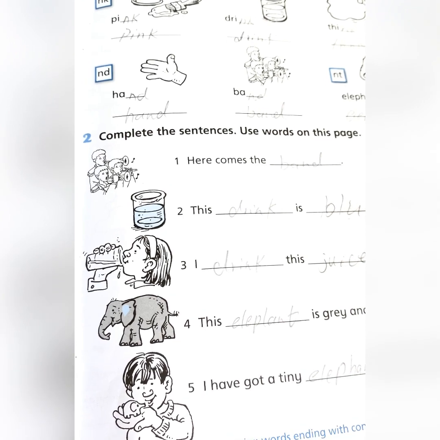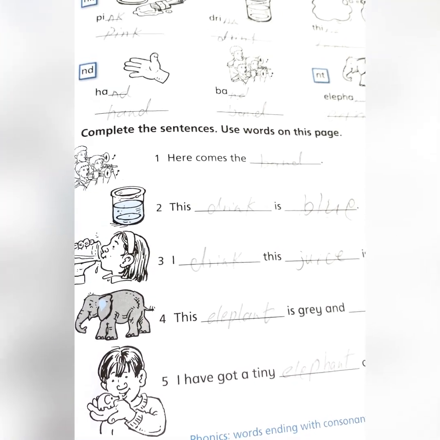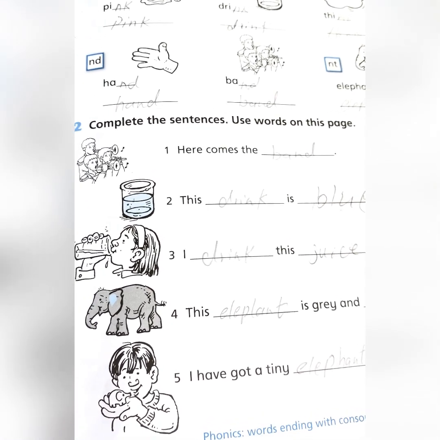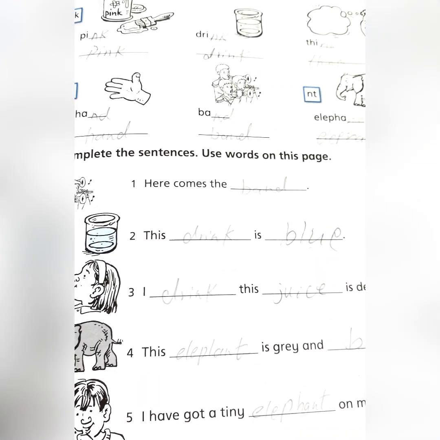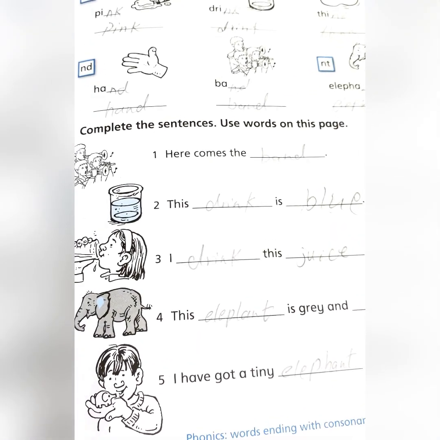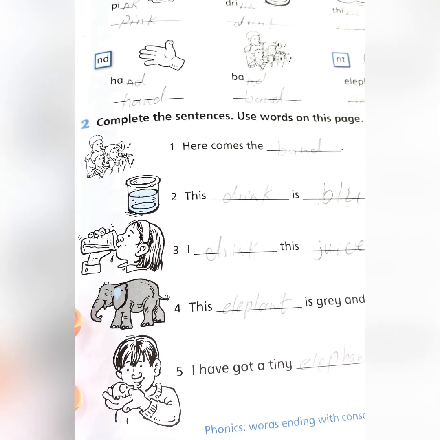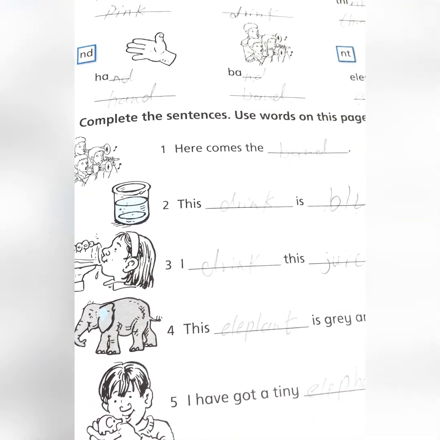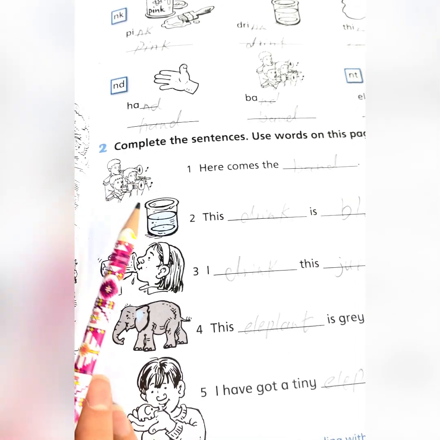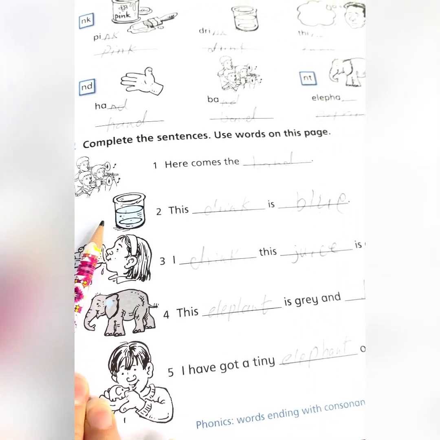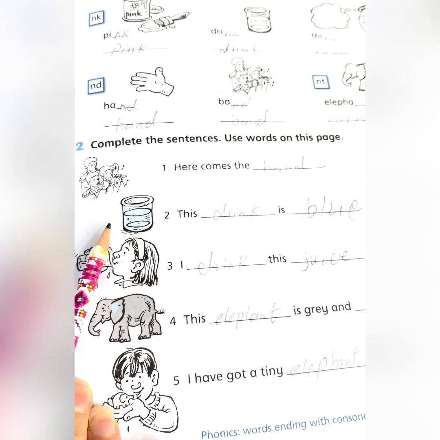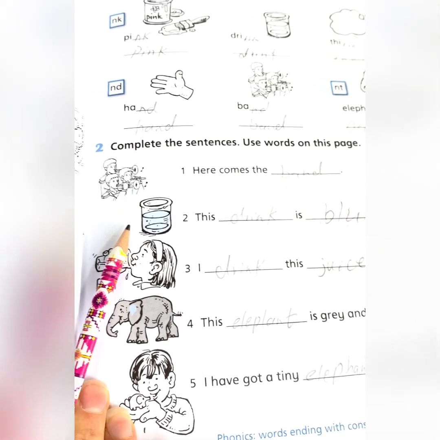Here we have another activity: complete the sentence, use the words on this page. So we have those words that we used for the phonics. Now we reuse them for this activity. First one says, here comes the band. Then we have a cup and we can see water which is blue.